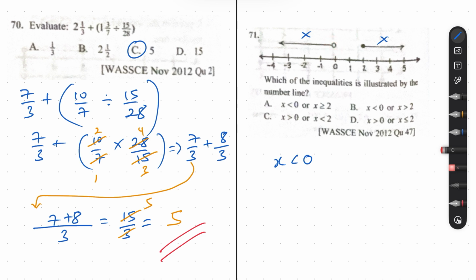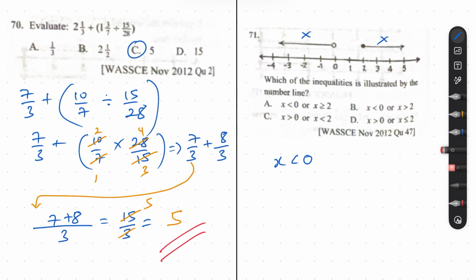Okay, cool. Now let's look at the second part. We see that the arrow is moving from 2 upwards. So that means x is greater than 2. But here we have our circle shaded.